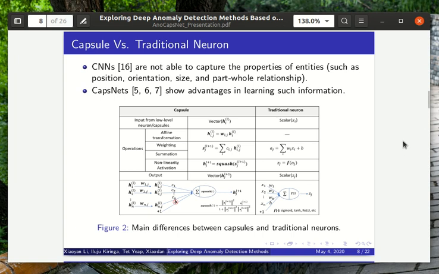Another difference between them is that CapsNet uses a new activation function, the squash function, while traditional neural networks usually use activation functions such as sigmoid, tanh, and ReLU. Therefore, the CapsNets are able to capture fine transformations such as position, orientation, size, and part-whole relationships, while traditional neural networks are not able to do that.